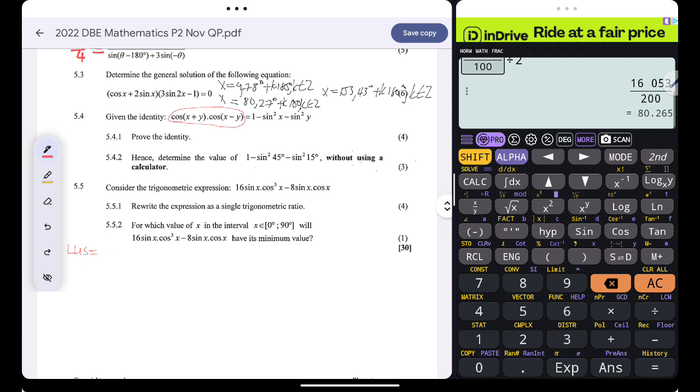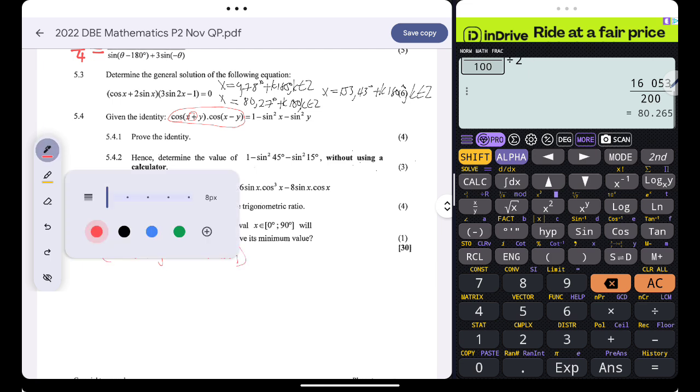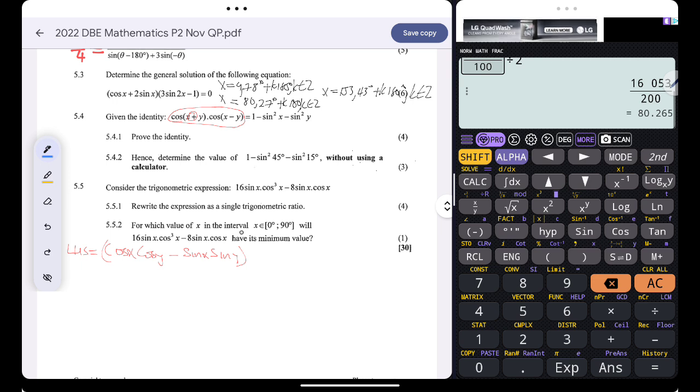I have a compound angle for cos, which is cos x multiplied by cos y. Since there's a plus there in between, I'll simply write a minus sine x sine y, right? And then for the second part, I have cos x cos y. Since I have a minus there, I'll write a plus sine x sine y.